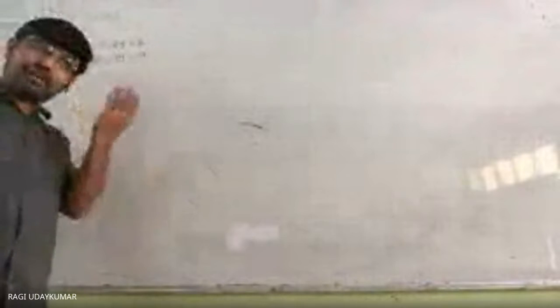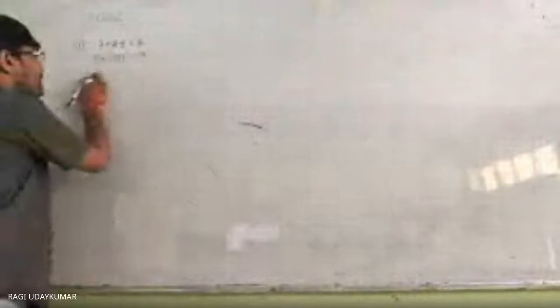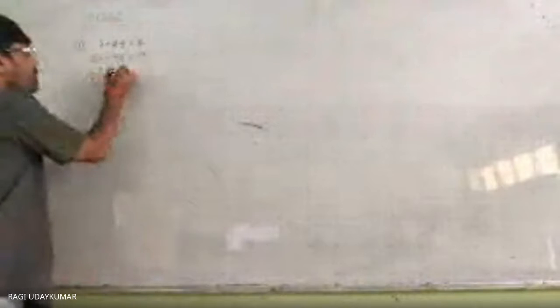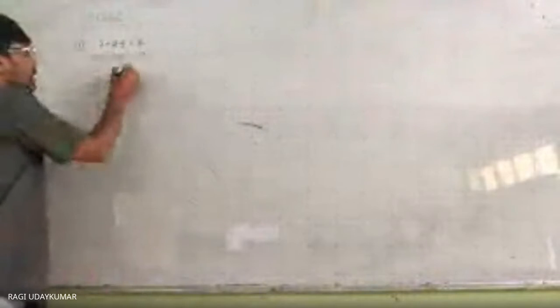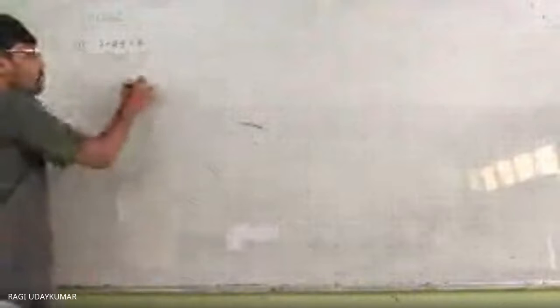Normally, pair of linear equations chapter we learned in 10th class. But here, whenever you write this in matrix form, you get [1 2; 2 3] into [x; y] is equal to [2; 3].